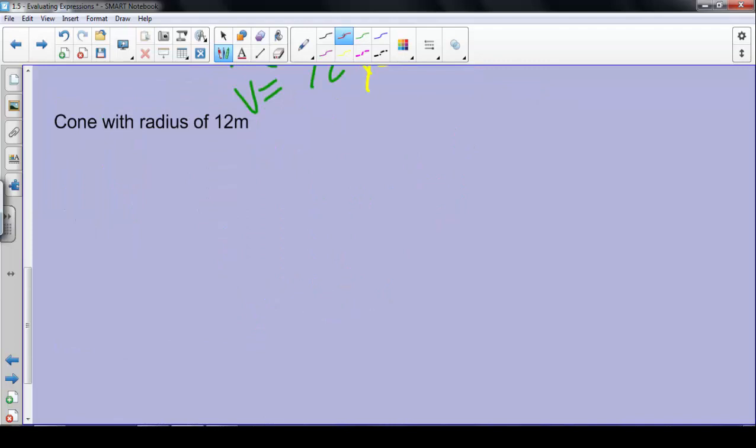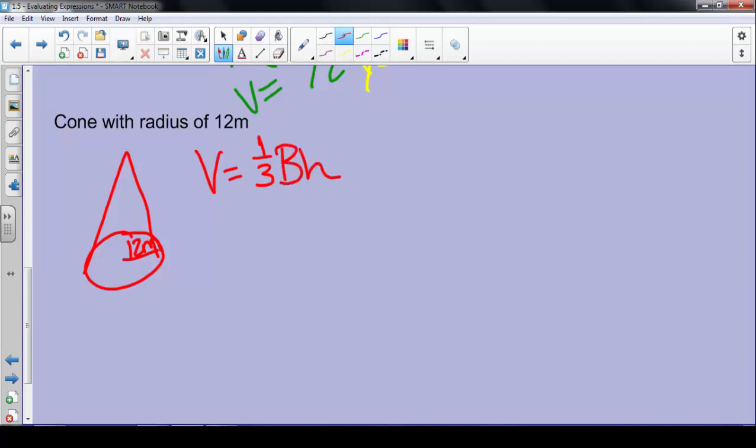Alright, so now we've got a cone with a radius of 12 meters. So volume for cones is 1/3 area of that base times the height. One thing I forgot to add in here, it's got a height of 7 meters. So 1/3 the area of the base times the height.